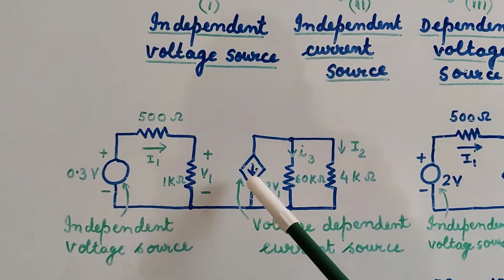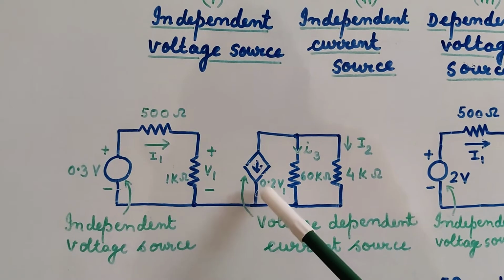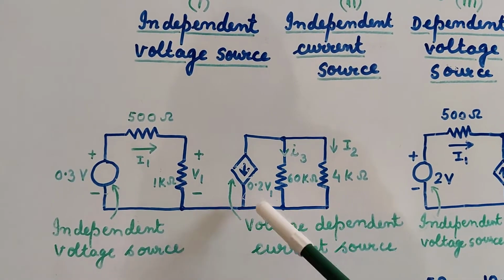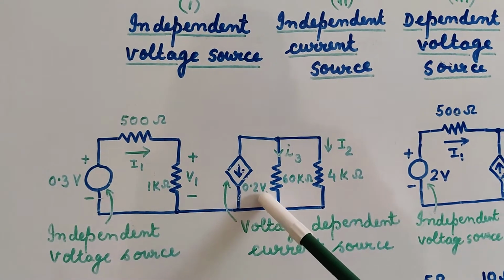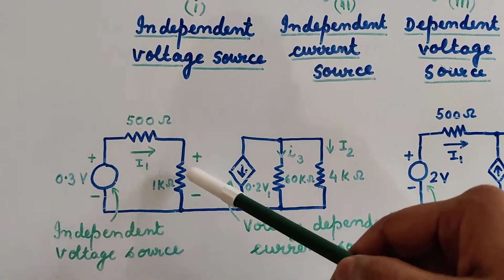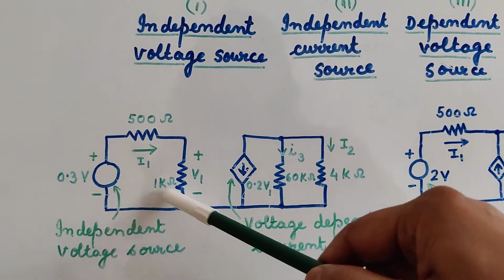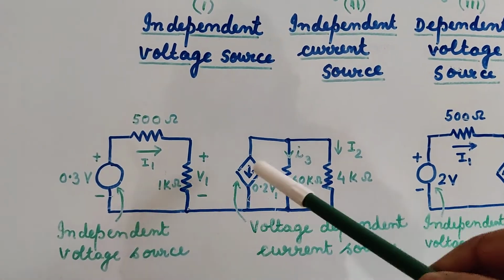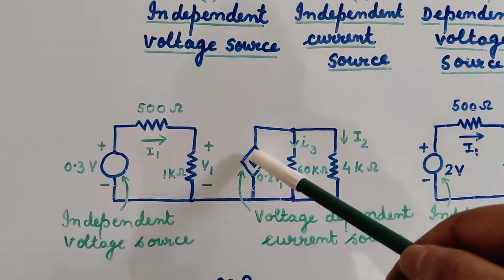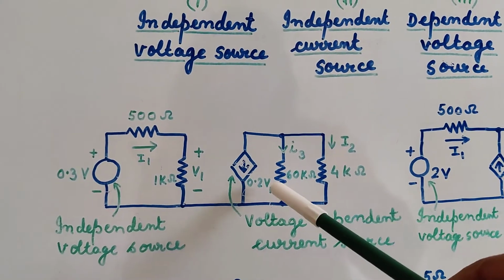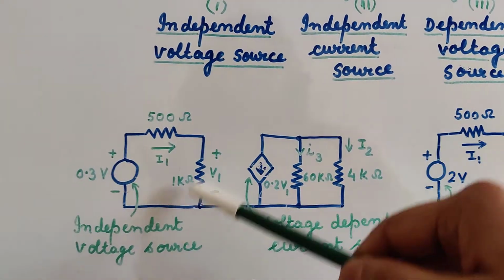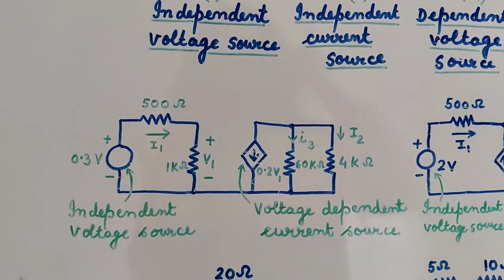Now when we see the value of this dependent current source, its magnitude is 0.2 times V1, where V1 is the voltage of this circuit element. That is, V1 is the voltage across the 1 kilo ohm resistor. So we find that the value of this current source will always depend on the voltage of this resistance.